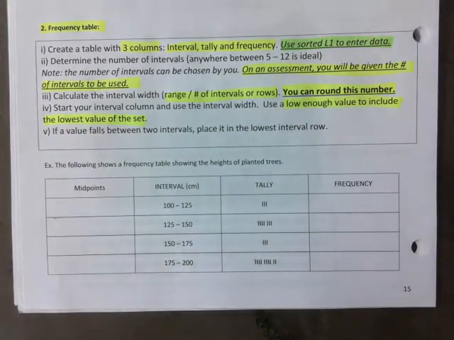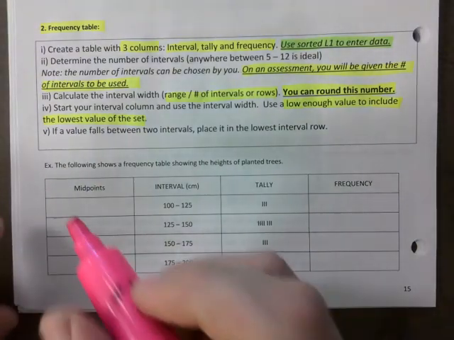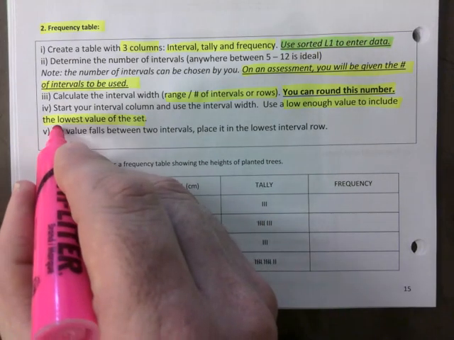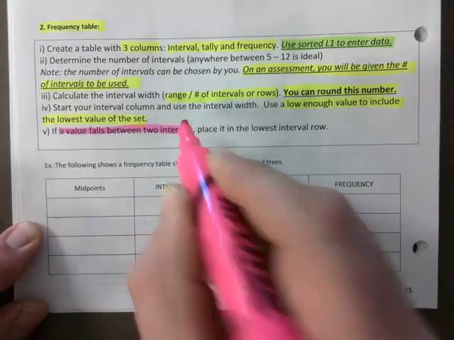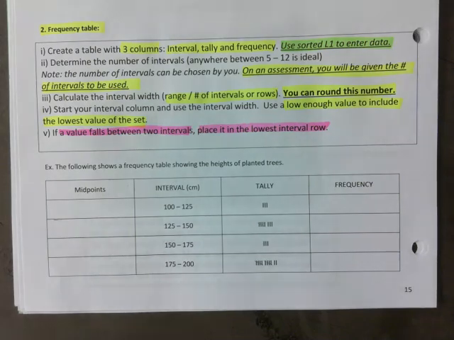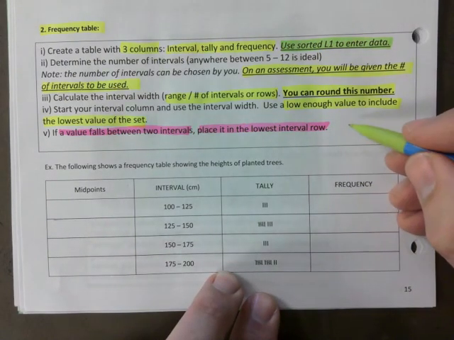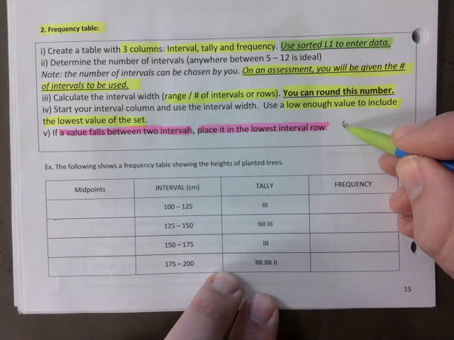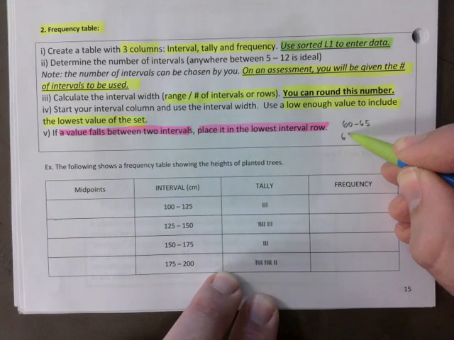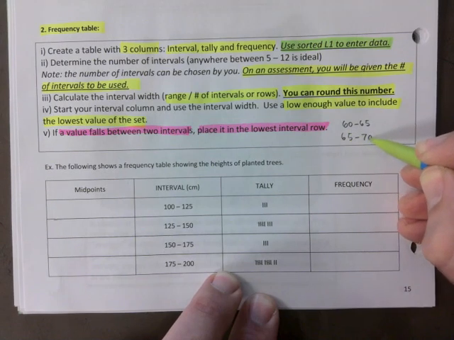And this gets a different color here. It doesn't happen very often, but when it does happen, if a value that you're trying to put into the chart falls between two intervals, you always place it in the lowest. Okay? So let's say your width is 60 to 65, and then it goes 65 to 70.